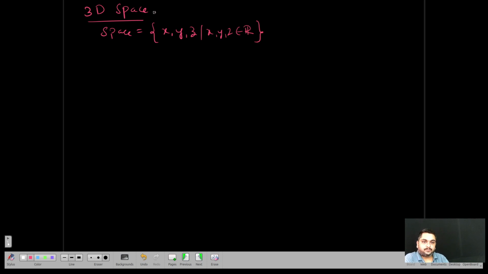Usually 3D space, x, y, z, is represented as R cube, meaning 3 dimensions x, y, and z. Now, if I draw a plane, how is it represented? It is represented something like this, three-dimensional.